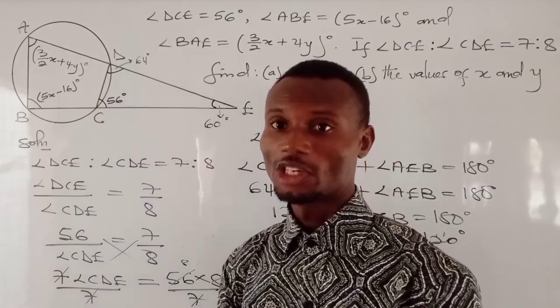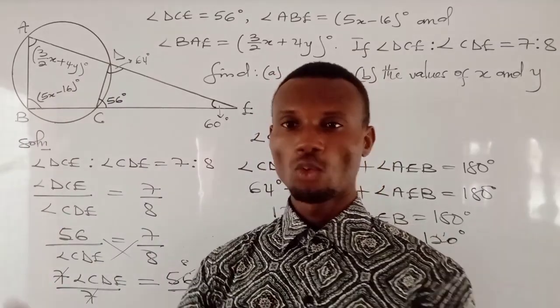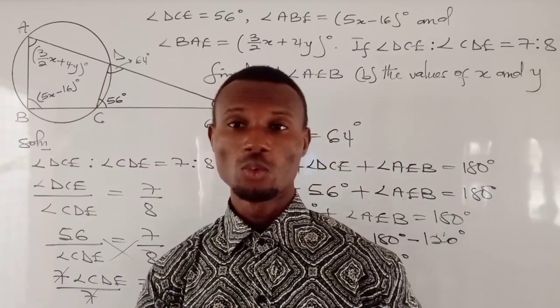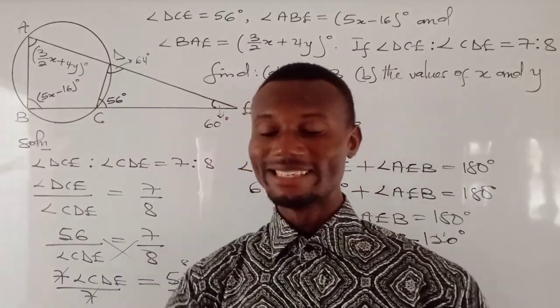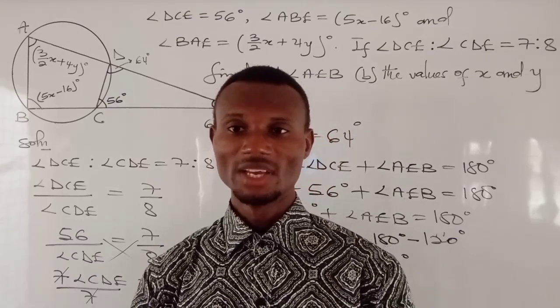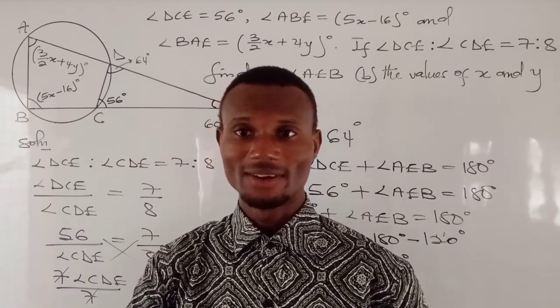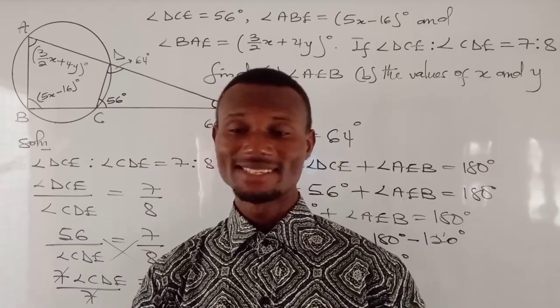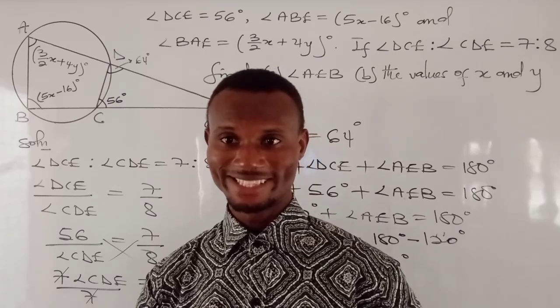We have a quadrilateral in a circle and we call it a cyclic quadrilateral. Maybe someone is wondering what a cyclic quadrilateral is. In simple terms, a cyclic quadrilateral is a quadrilateral which is inscribed in a circle such that the vertices of the quadrilateral touch the circumference of the circle.